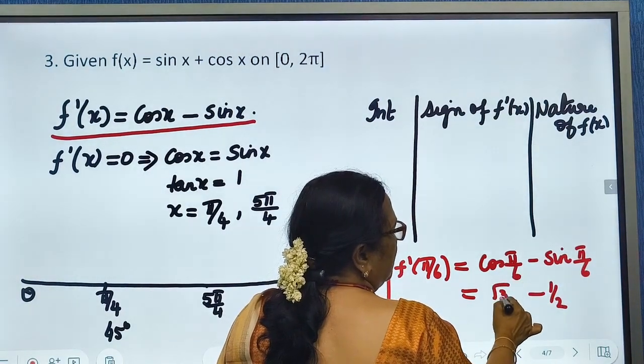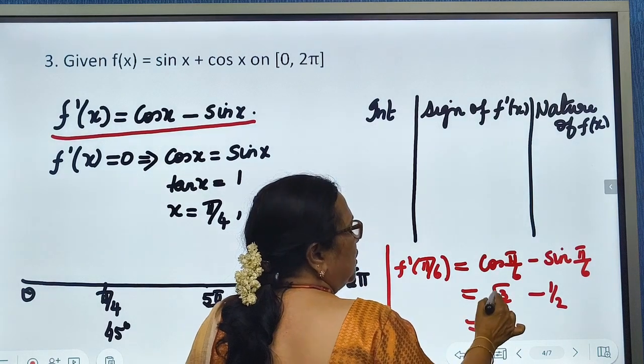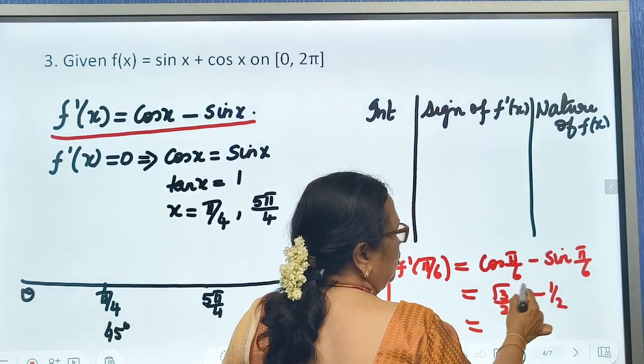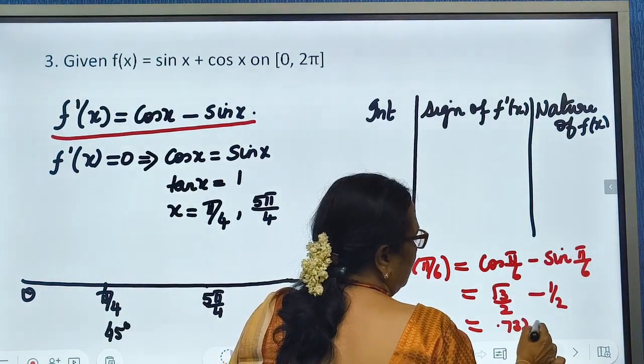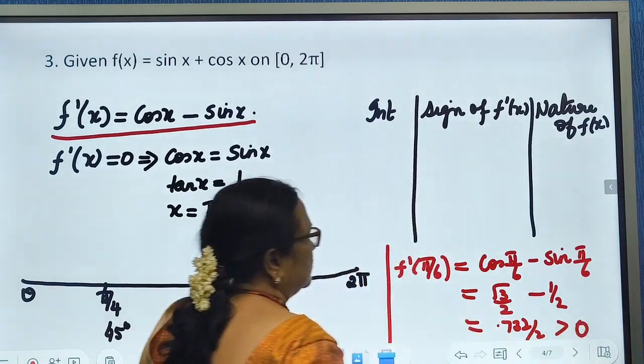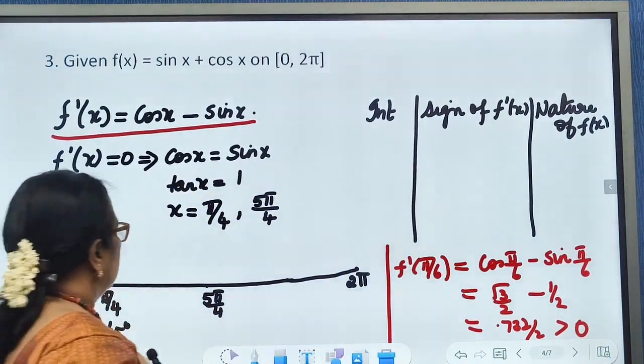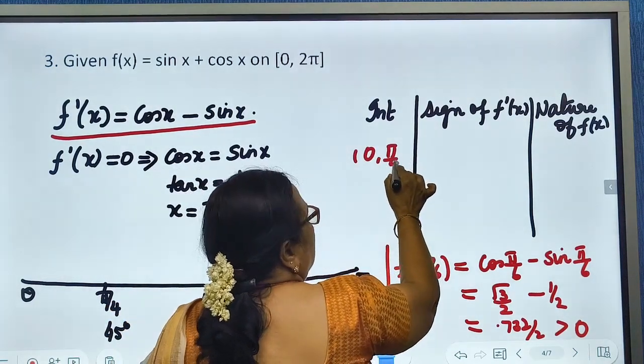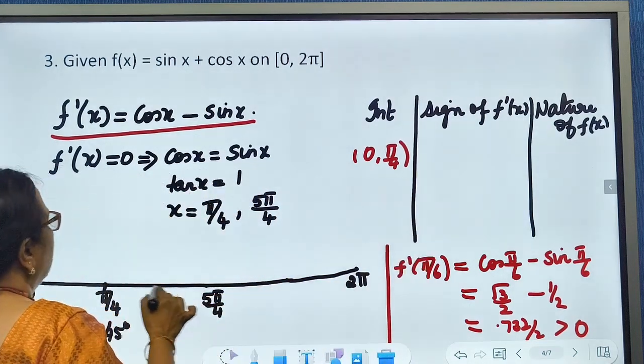Cos pi by 6 is root 3 by 2. You know that root 3 is approximately 1.732. So 1.732 minus 1.732 by 2, so it is greater than 0. So in the interval 0 to pi by 4, the function is increasing.